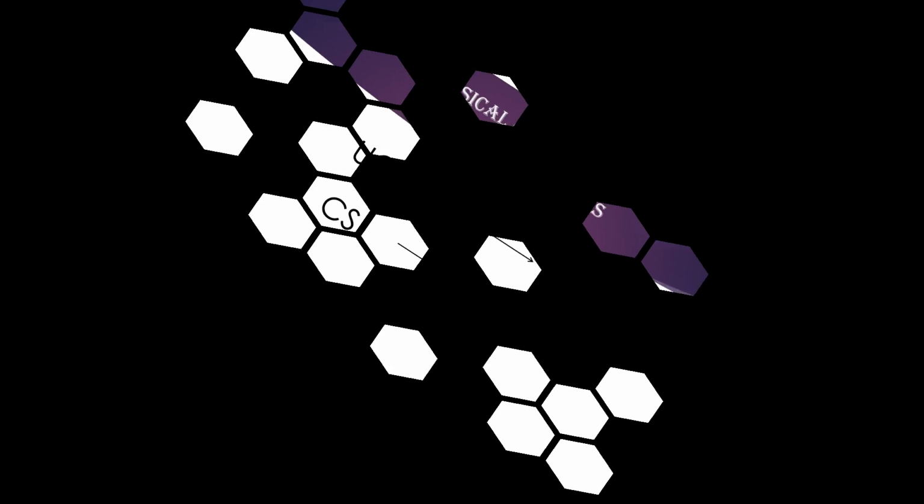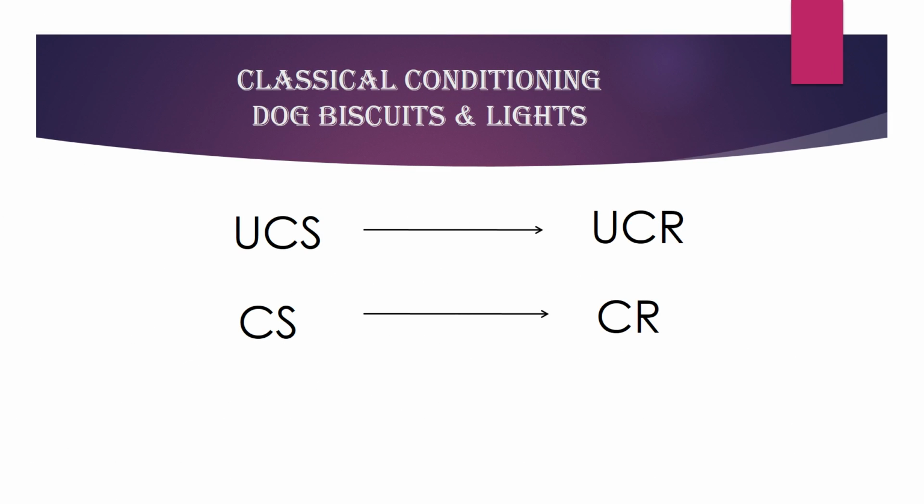Now let me show you some letters here, and hopefully let me clarify what these are. An unconditioned stimulus is shown as a UCS, and a UCS causes an unconditioned response. So a UCS leads to a UCR. An unconditioned stimulus results in an unconditioned response. A conditioned stimulus results in a conditioned response.